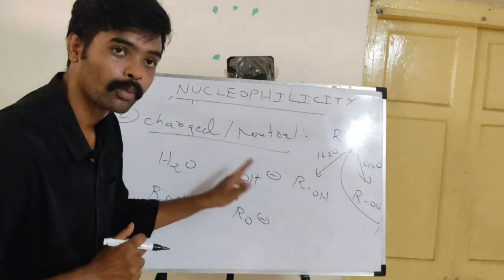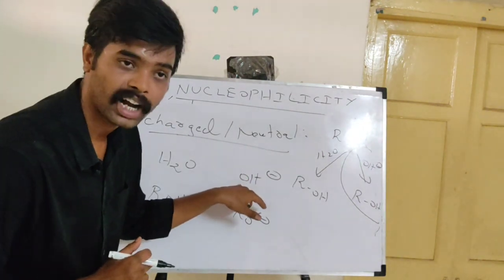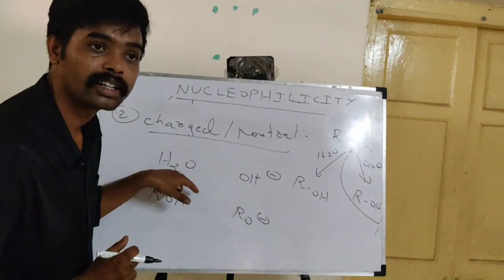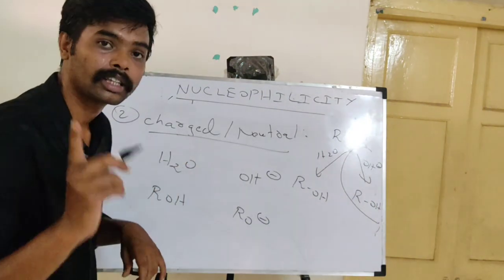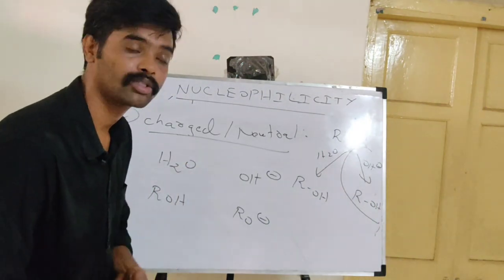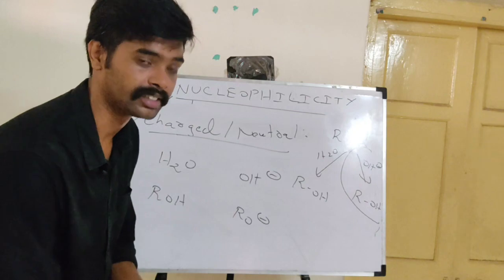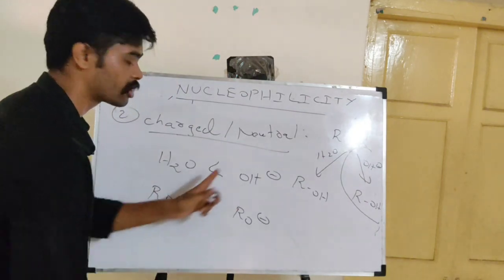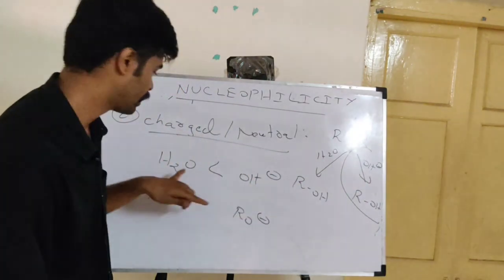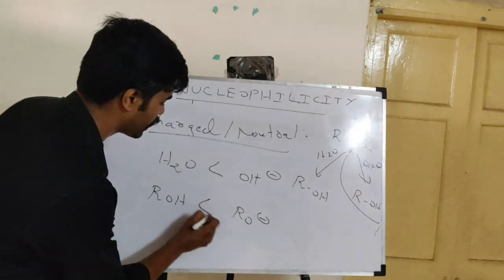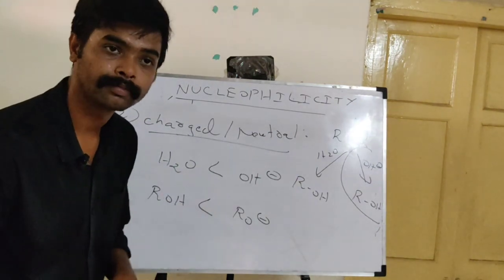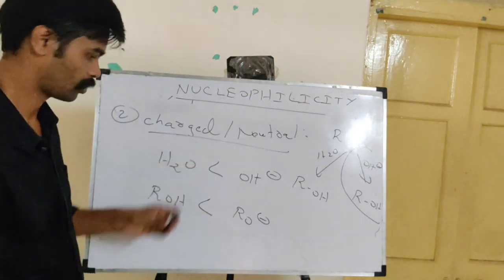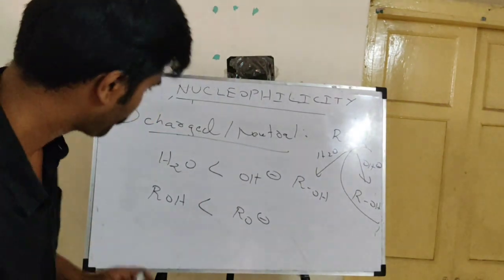But if at all in one case the nucleophile is charged and in the other case the nucleophile is neutral, definitely the thing with a negative charge is having more nucleophilicity. So in simple words, OH minus is always a better nucleophile than H2O, and RO minus is always a better nucleophile than ROH. This is one thing. Okay, moving on.